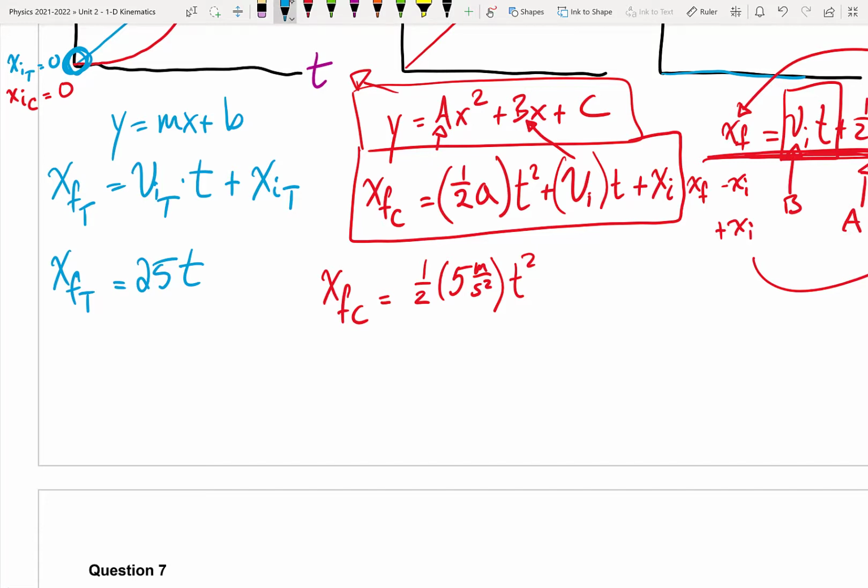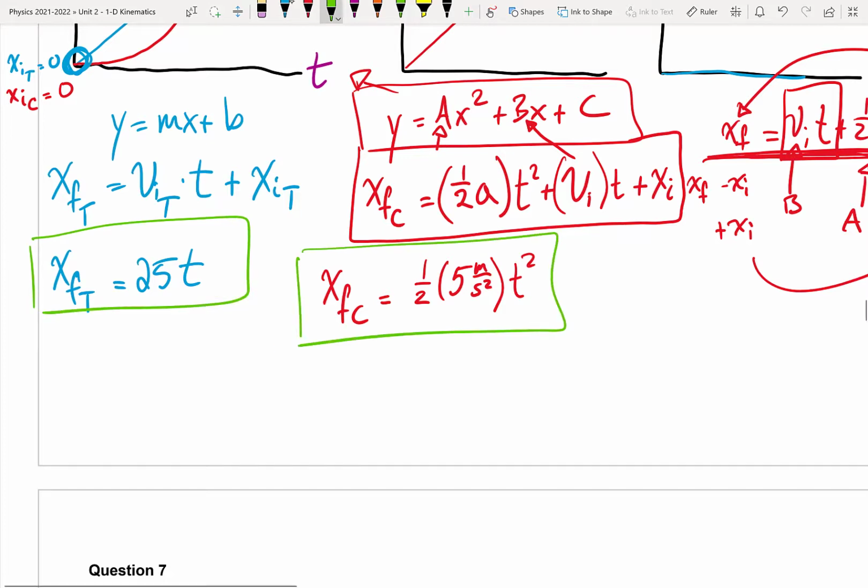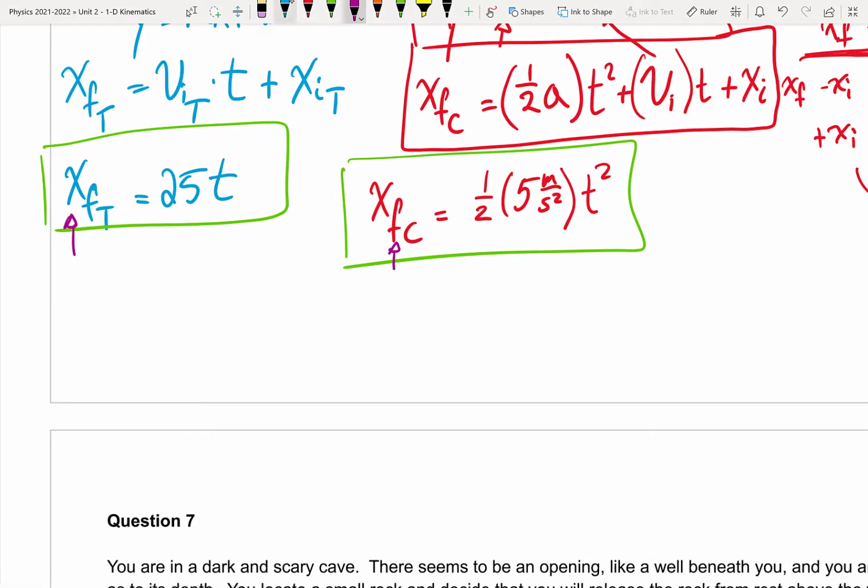So here is the equation for our truck that we care about. Here's the equation for our car. And once again, like before, we say, wait a minute, their final positions are going to be the same, because we care about when they have the same final position. When does the car catch up to the truck? So we'll set these two things equal.